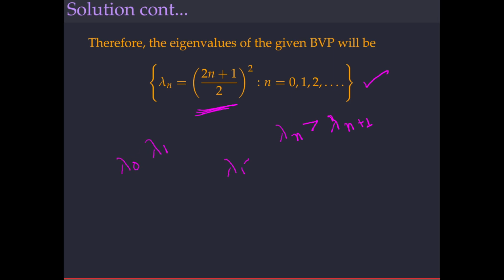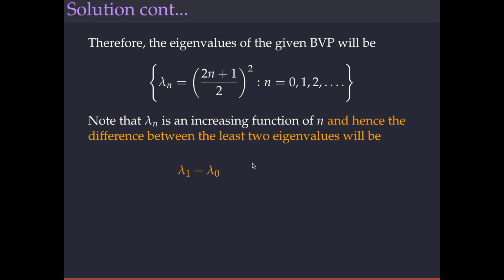So we just need to find lambda 1 minus lambda 0. Lambda 1 is (3 by 2) square, and lambda 0 is (1 by 2) square. So that's 9 by 4 minus 1 by 4, that's 8 by 4, which is 2. Therefore, the difference between the eigenvalues is 2.